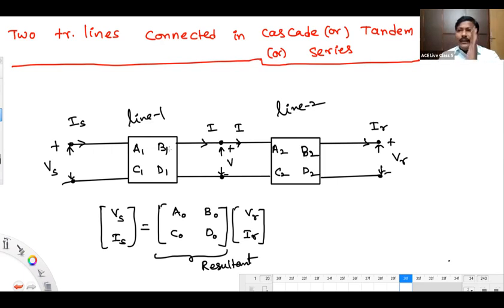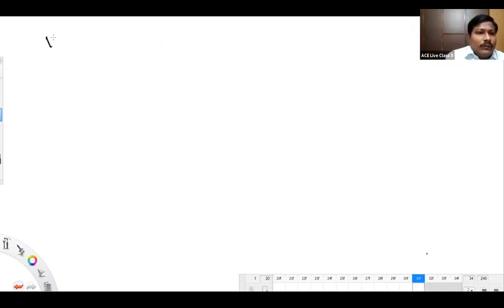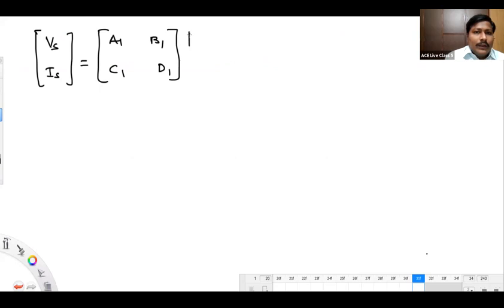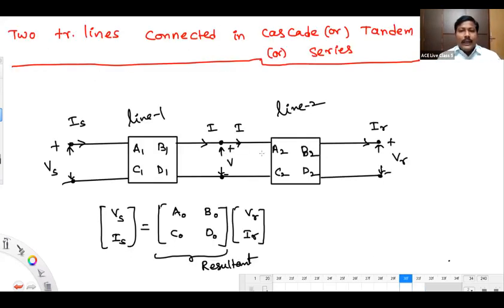First for line 1, you can write VS, IS equals A1, B1, C1, D1 into VI. For line 2, the input is VI. What is the output? VR, IR.